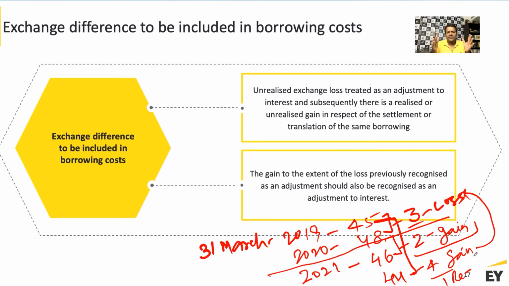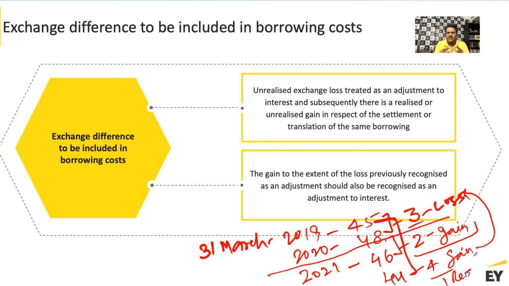That is very simple. If I would have borrowed money in local currency, I would have paid interest at the rate of 11%. I had access to the foreign currency market and I was able to borrow money in foreign currency, where I was only paying interest at the rate of 6%. So this 5% delta is actually my saving. Now I have a saving on account of interest cost, but because I borrowed money in a foreign currency, I've exposed myself to an exchange rate risk.